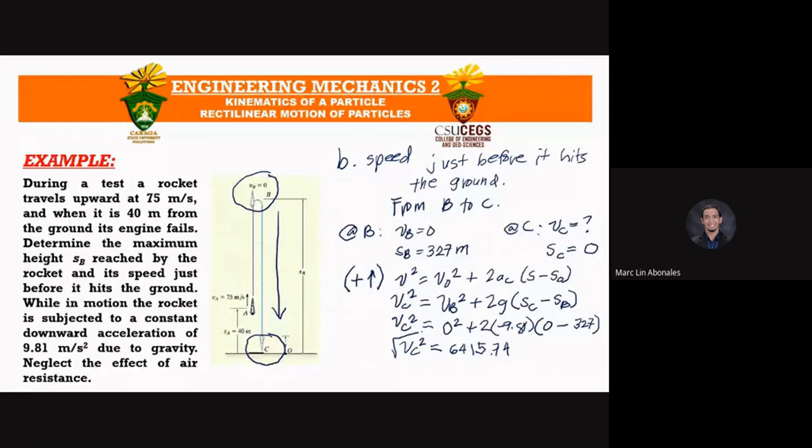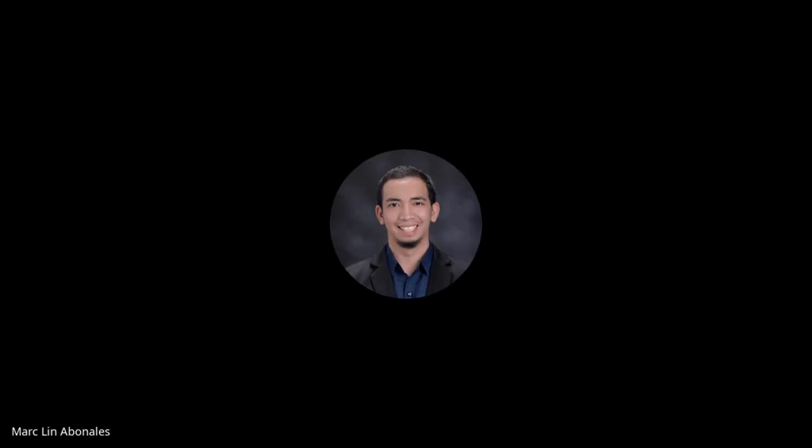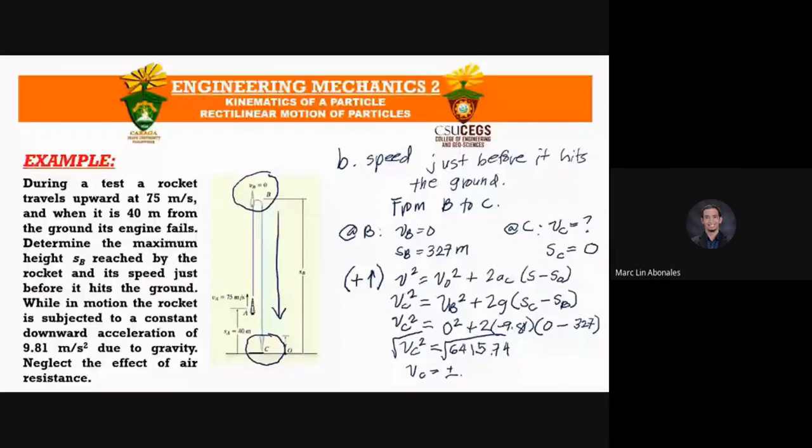Again, when you take the square root, there are two answers, positive or negative? So the square root of 6,415 is equal to 80.09, or about 80.1 meters per second.